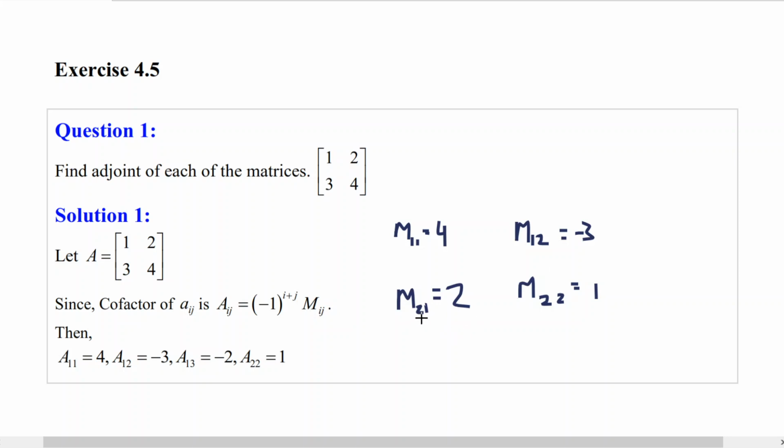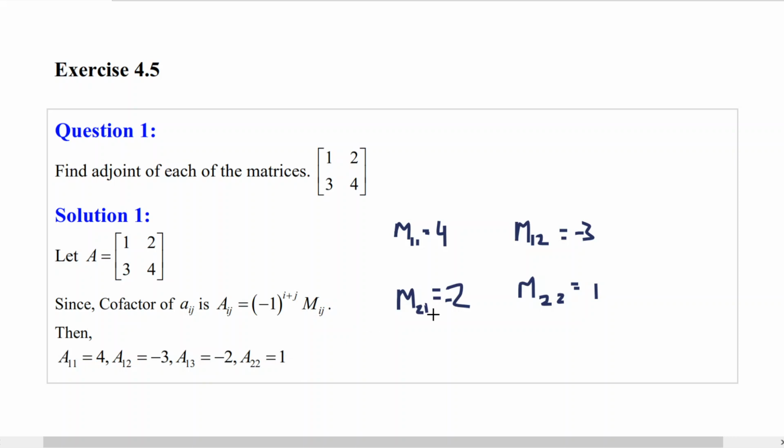Similarly, cofactor 21 will be minus 2. Cofactor 22 will be same again because the sum of these numbers is even. So always once you find the minors, you simply change the sign of M12 and M21 and you will get the cofactors. So the cofactors are 4, minus 3, minus 2, 1. Right. So we have computed the cofactors.